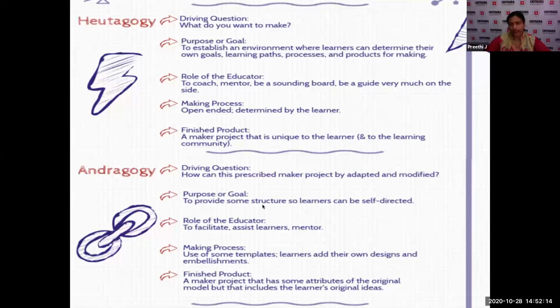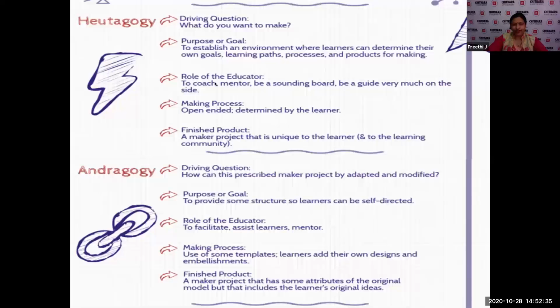Whereas here, it is more structured, so there is a library period, or there is the project period wherein the student is expected to do a particular thing. So even though it's kind of up to the student to figure out, there is perhaps a timetable or a structure to it.